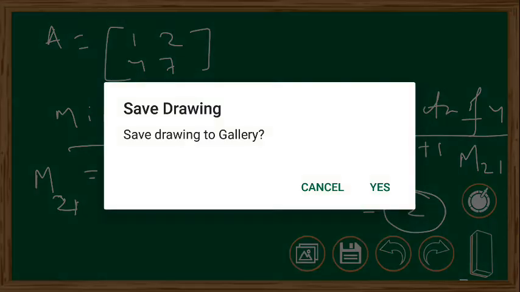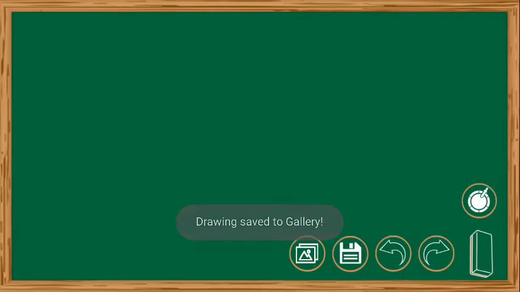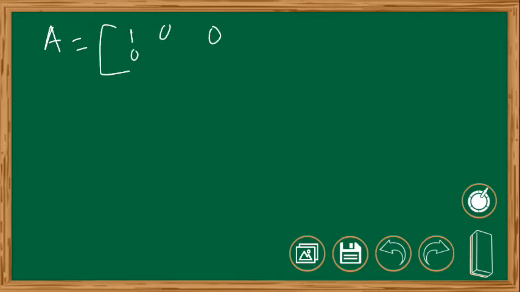So let me take some more examples. You will understand the difference between minor and cofactor. Let me take a 3 cross 3 matrix: 1 0 0, 0 1 7, and 5 0 0, right?